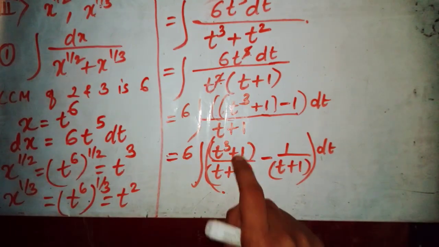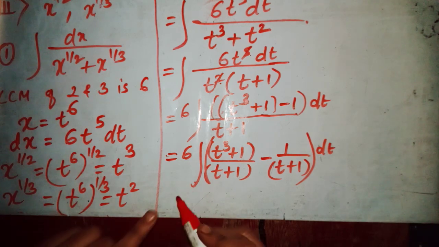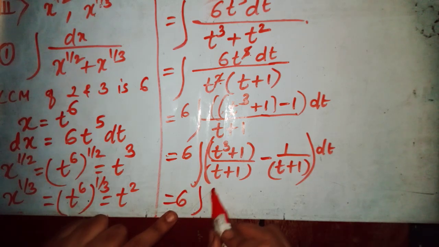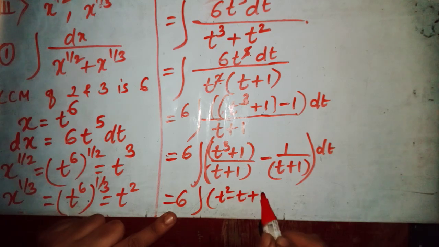For the first term you have to do the long division or division algorithm. After that you will get the quotient, which is t square minus t plus 1.